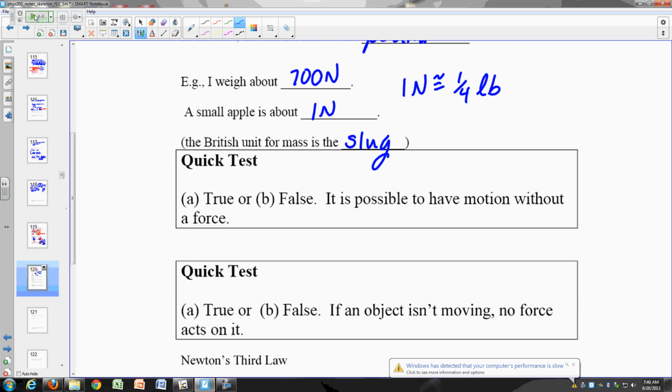Let's try these couple of questions. True or false? It is possible to have motion without a force.